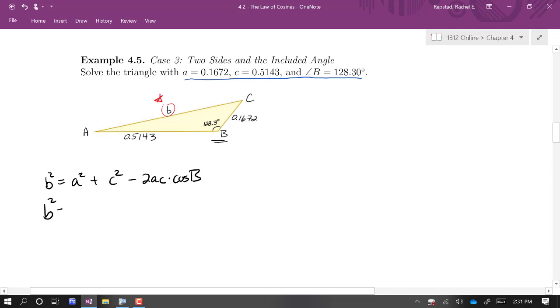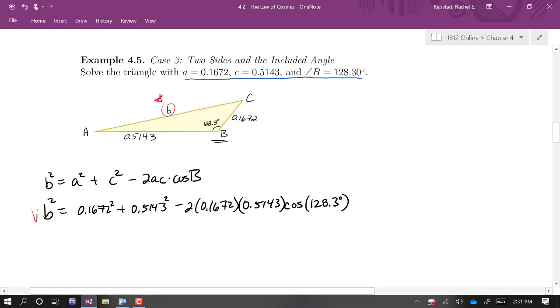So b squared is equal to 0.1672 squared plus 0.5143 squared minus 2 times 0.1672 times 0.5143 times cosine of 128.3 degrees. To find b, we just take the square root on both sides.